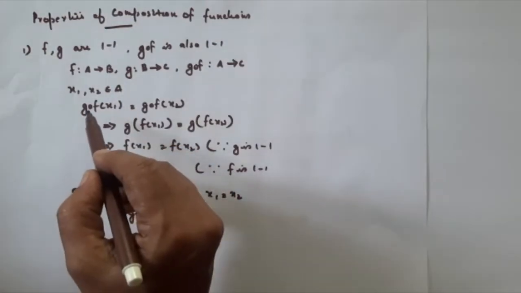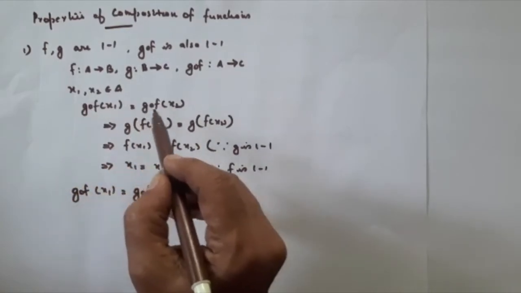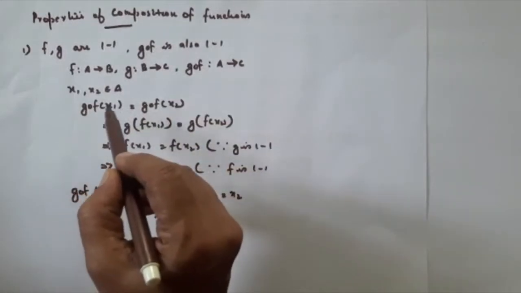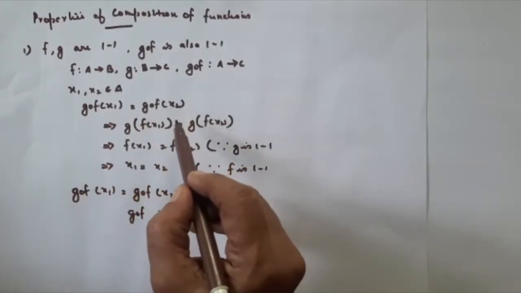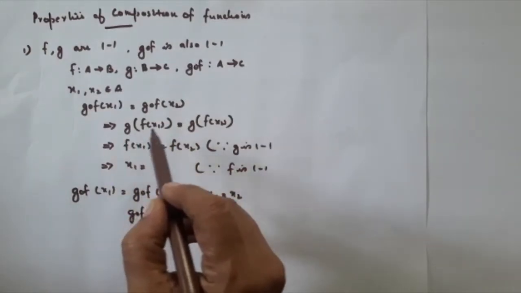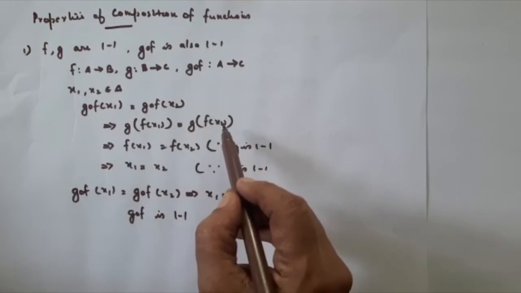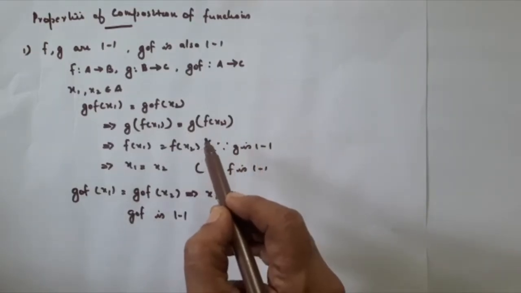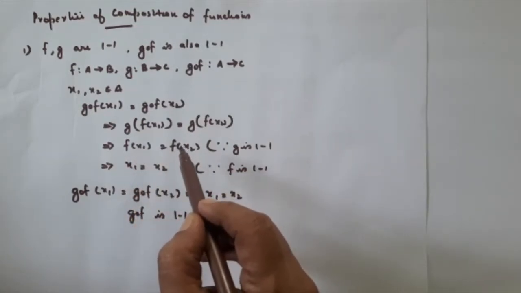and consider g dot f of x1 equal to g dot f of x2. Then what happens? If g dot f of x1 equal to g dot f of x2, the meaning is g of f of x1 equal to g of f of x2. Since g is a 1-1 function, what can you write? That is f of x1 equal to f of x2.